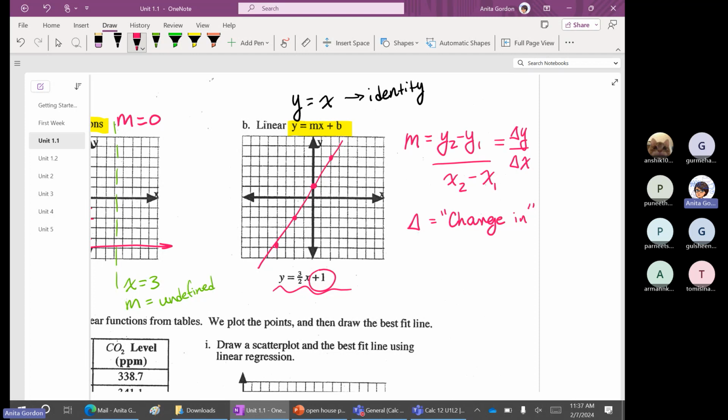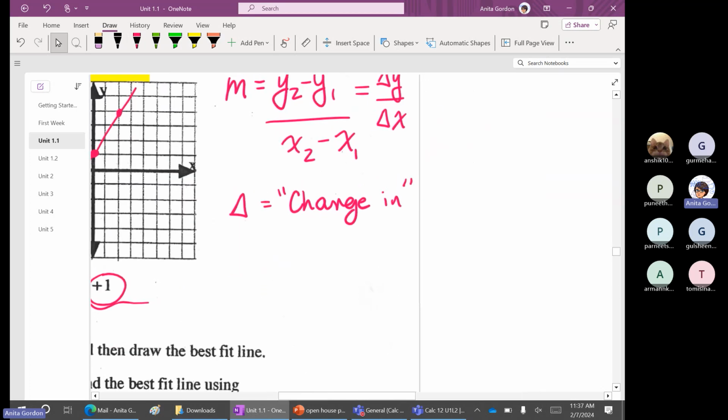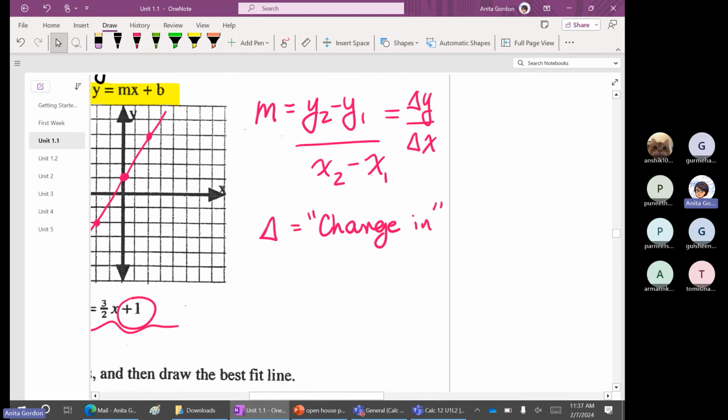Now, I want you to look at this equation. I'm writing a little bit large, but you can maybe not write as large as I am here. Looking at this equation, if I want to rearrange my slope equation into y equals format, what would be my first step? I want it to be in y equals something format.